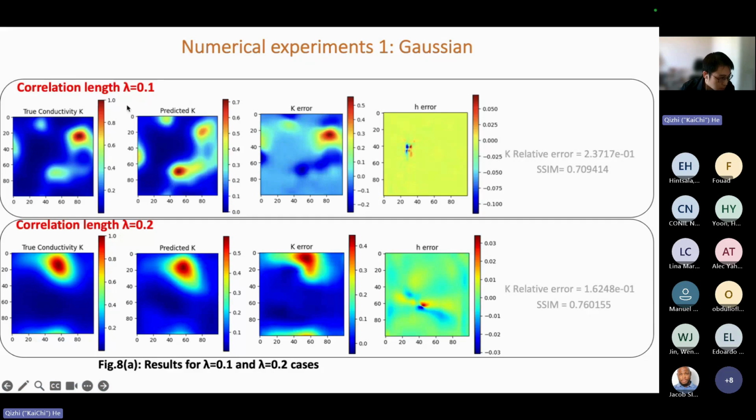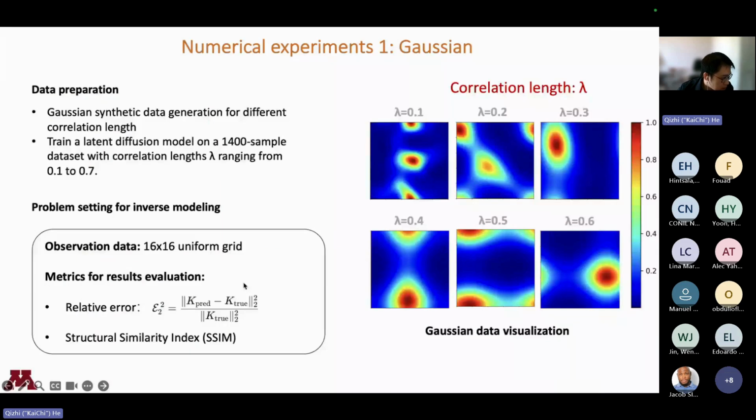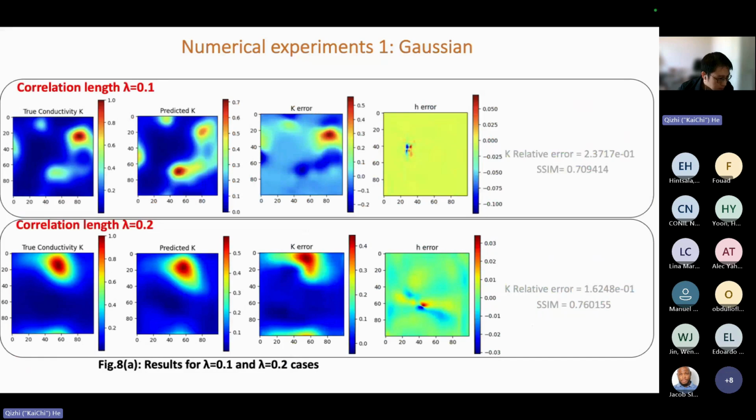Actually, we're getting a very good result by looking at different correlation lengths. Our predictive result matches. This is a very challenging problem, because we are only taking 4x4 or 16x16 measurements.